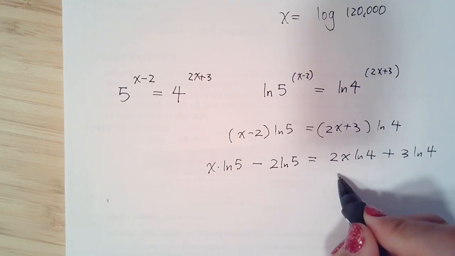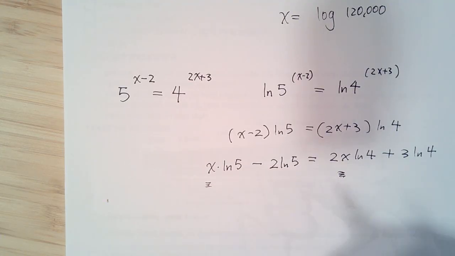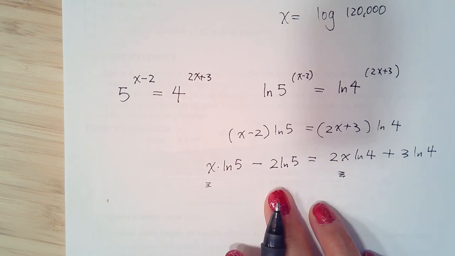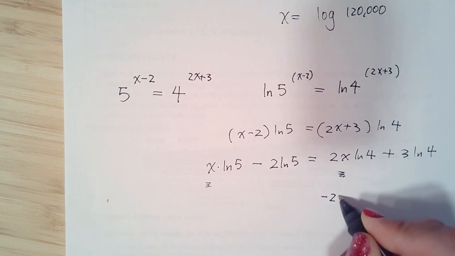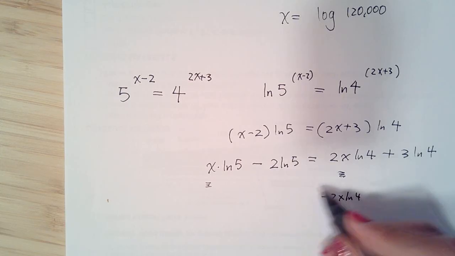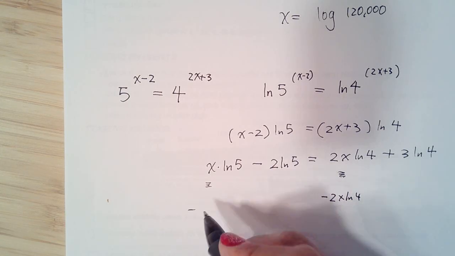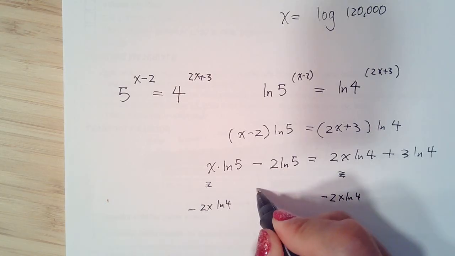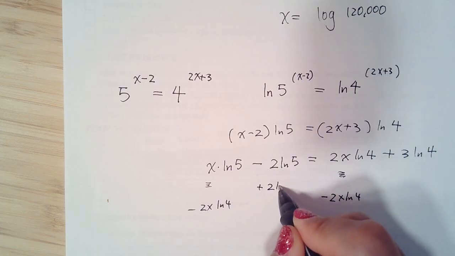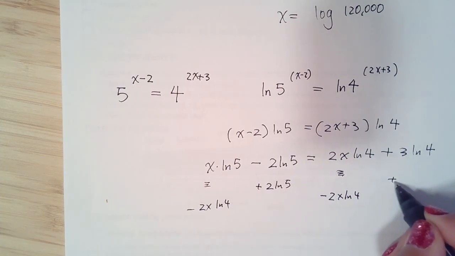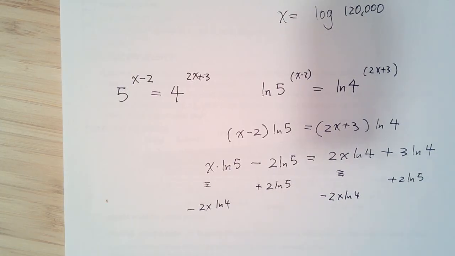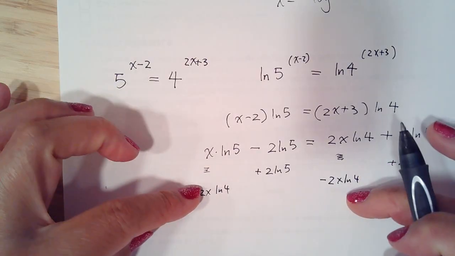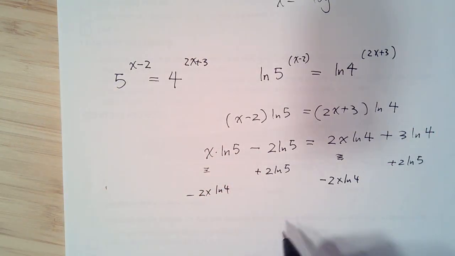All right, now here is x, here is x. I'm going to bring x to one side and put the other numbers without x on the other side. So I'm going to subtract 2x ln 4 on both sides, and then add 2 ln 5 on both sides. I do that at the same time, or you can do this in one step and then another step, but I just do them together.